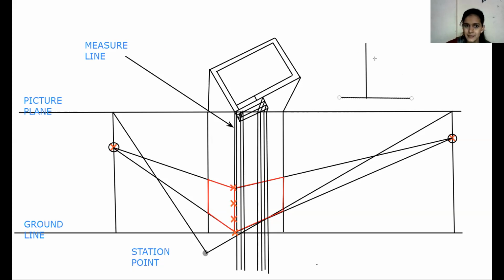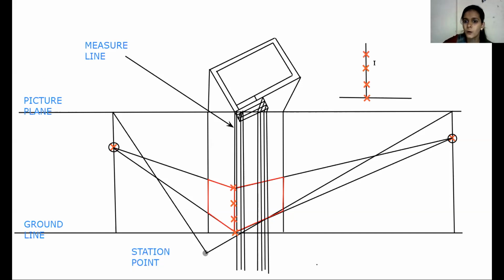Here it is, a major line. How much is our rise? In our given data, it's 0.15 centimeter away. One point, again 0.15 centimeter away, one point, again 0.15 centimeter apart, another point.